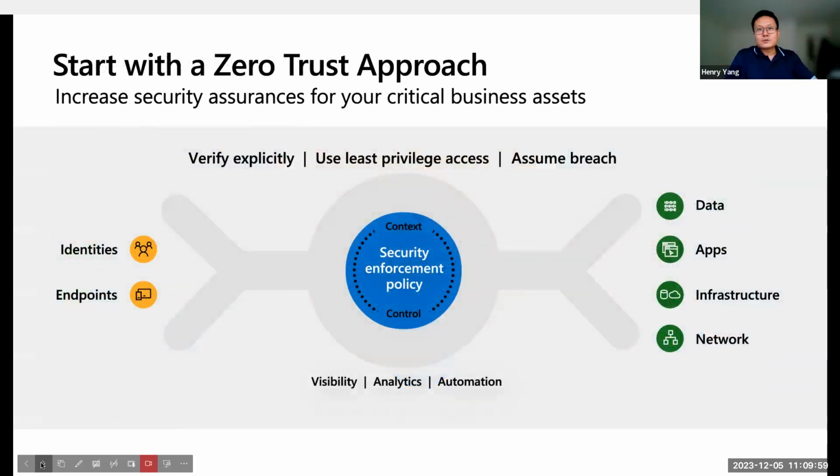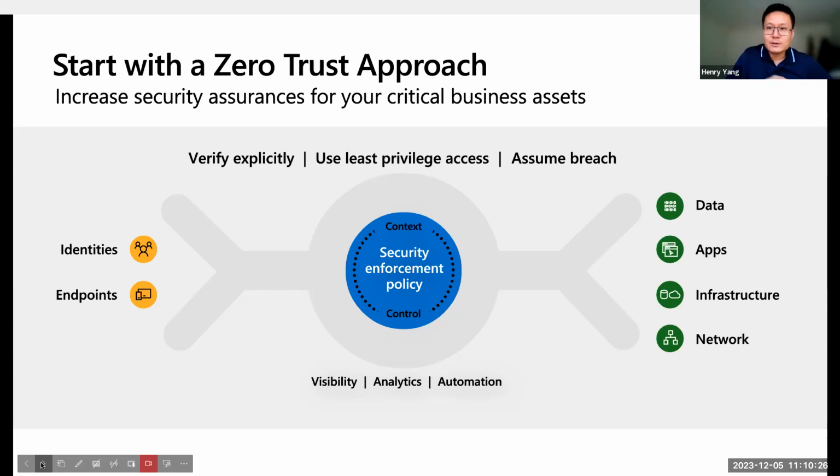So we start with the Zero Trust approach. If you are a Microsoft customer or you have talked to Microsoft before, you have probably seen a similar presentation. Microsoft has security solutions aligned with the Zero Trust approach, protecting identity, access, and endpoint management with context-based security enforcement policies such as conditional access.